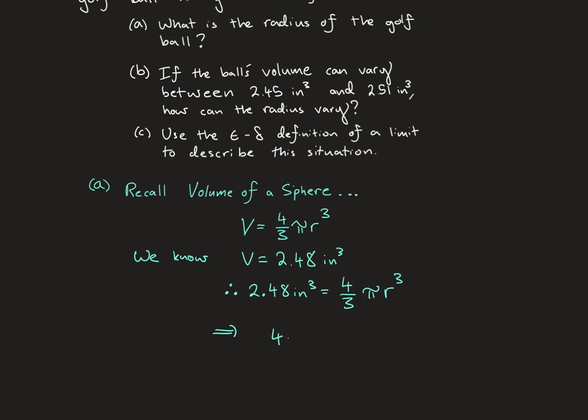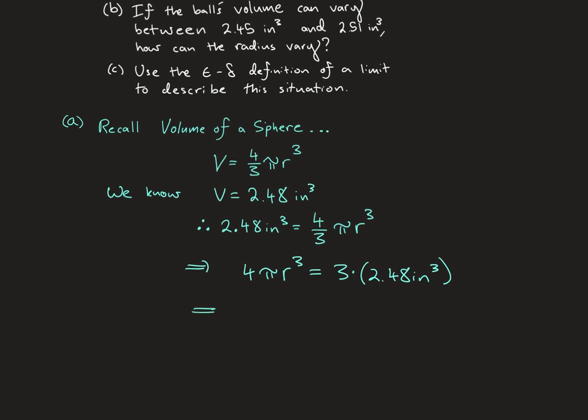That tells us 4 pi r cubed is equal to 3 times 2.48 cubic inches, which of course tells us that r cubed is equal to 3 times 2.48 cubic inches divided by 4 pi.